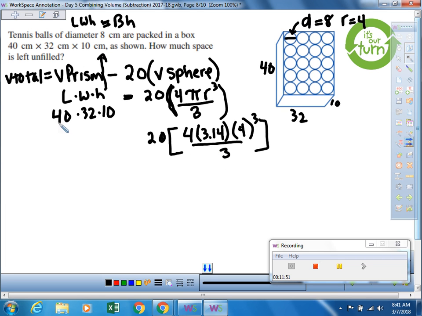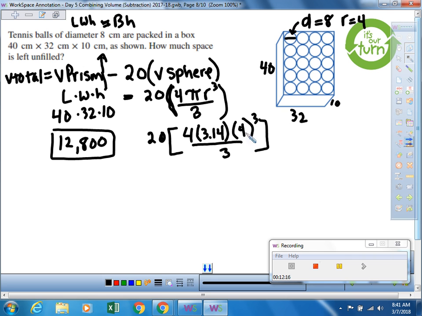So we have 10 times 40 is 400, times 32 is what? 12,800. So this is for the prism.